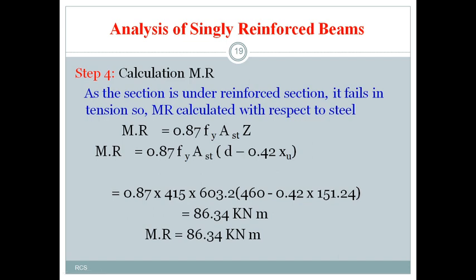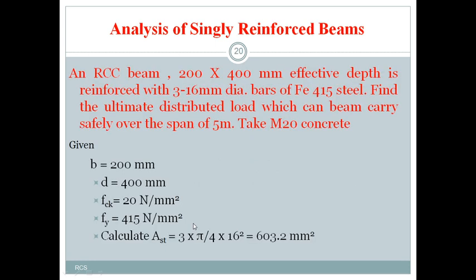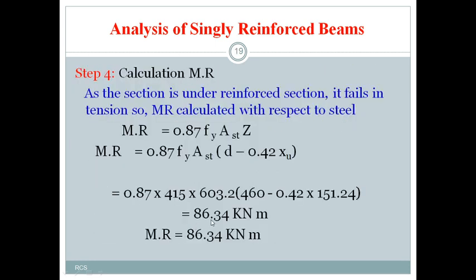So according to this, if we substitute the AST, Fy and Xu values, we will get the moment of resistance of the under reinforced section as 86.34 kilonewton meter.